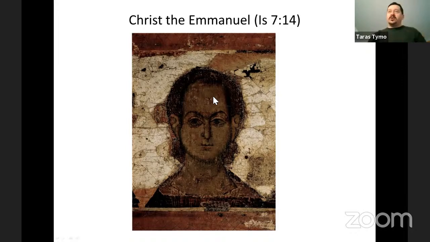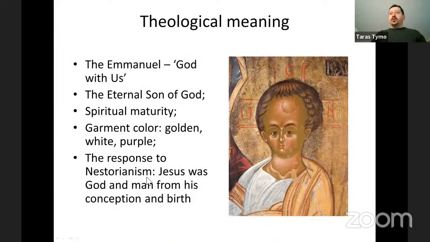In iconography, they would paint men who are wise, learned, and becoming bald because they are getting to the maturity age. So here he is represented almost like that. And his clothes are usually in light colors, so white, gold, a mixture of white and gold, sometimes purple too. Purple as a royal color.